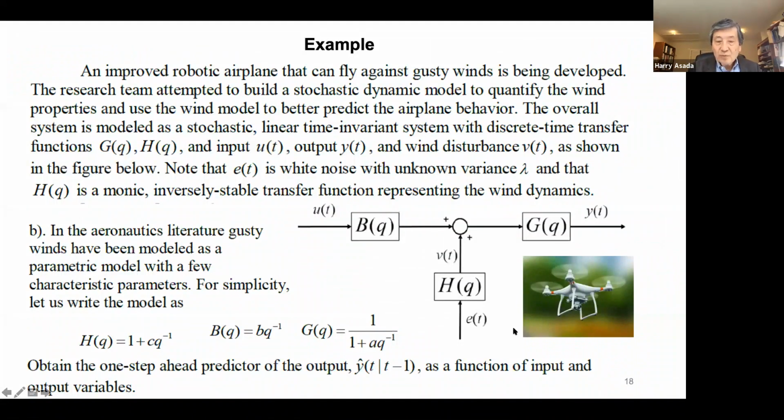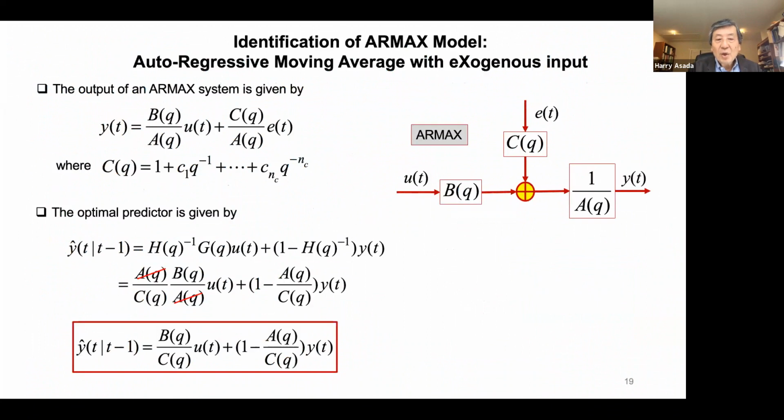Okay, with that, let's move on to the last part. Now that we know the best predictions for the ARMAX model, note that, as I said, ET is not directly brought into this line, but through the dynamics C over Q. So this is the autoregressive moving average model.